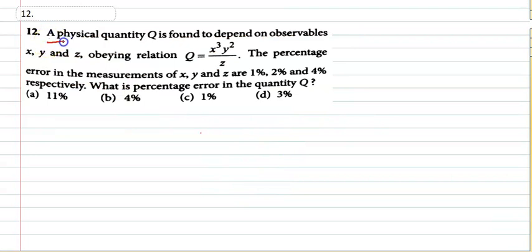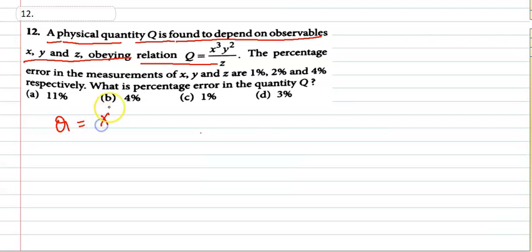A physical quantity q is found to depend on the observables x, y and z, obeying the relation q is equal to x cubed y squared divided by z.